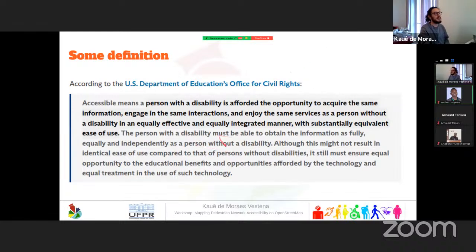In other words, everyone being universally able to have the opportunities to enjoy and participate in the same services in the city and everything around.